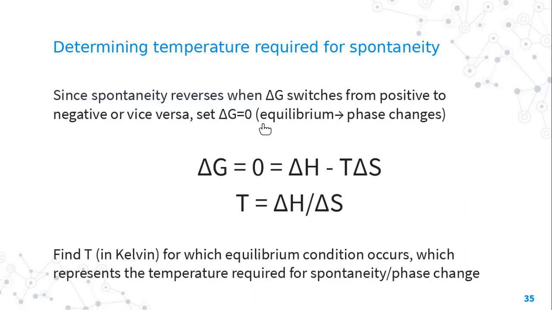In addition, this equilibrium where delta G equals 0, that can be used for phase changes. And so if you want to find the temperature in Kelvin for which equilibrium condition occurs, this represents the temperature required for spontaneity or a phase change.